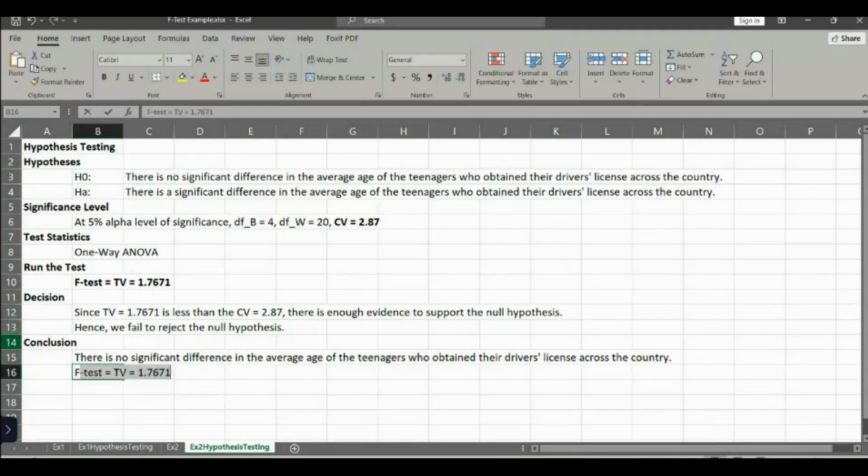So furthermore, what does this no significant difference imply?